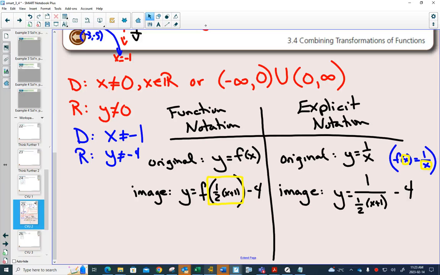This image equation in explicit notation is exactly the same question as in function notation. But the function notation in this case is easier to work with. Sometimes the explicit notation will be easier to work with. But if you can see the connection between the two and how they're like the same thing written in different ways, then your understanding is going to be a lot better.